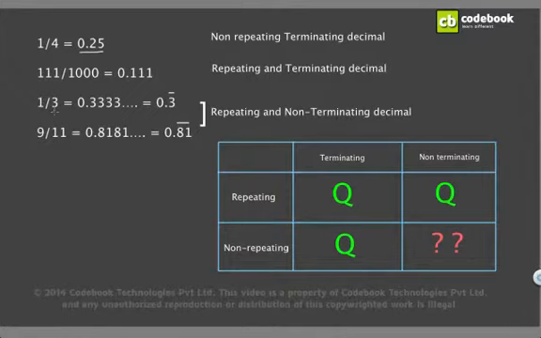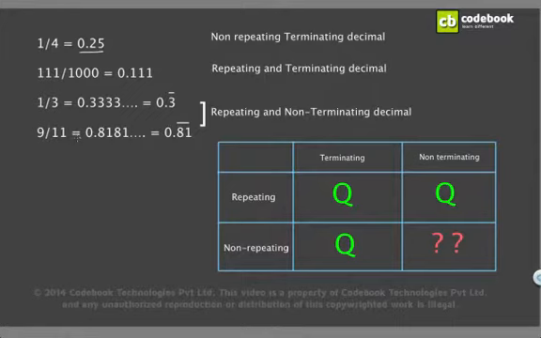Now let's look at another example. 1 by 3 is 0.33333 and so on. These are repeating decimals and also not terminating, because there is no termination point for this fraction, and you represent them as 0.3 with a bar on top of the number. So we say it is 0.3 bar, which means 3 is repeating.